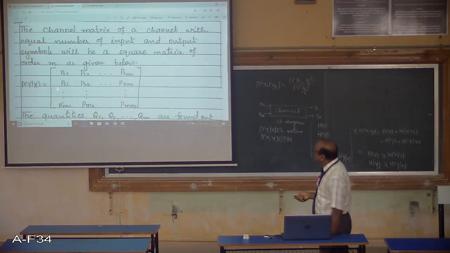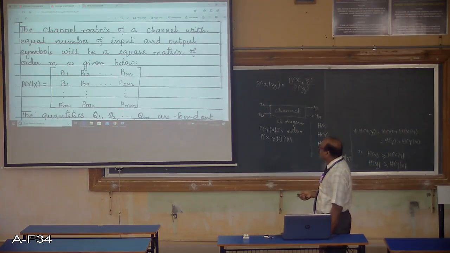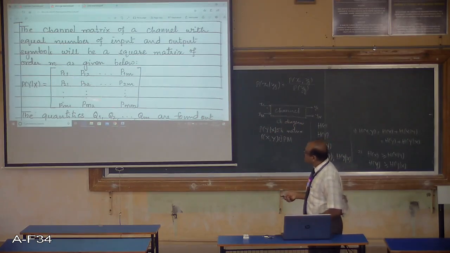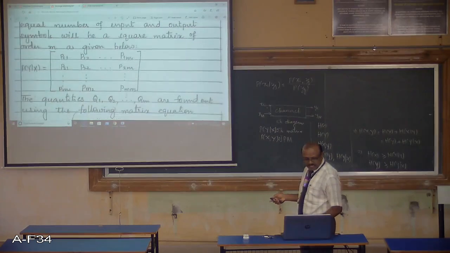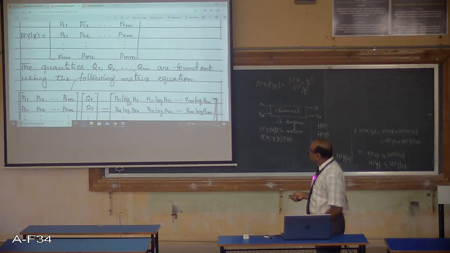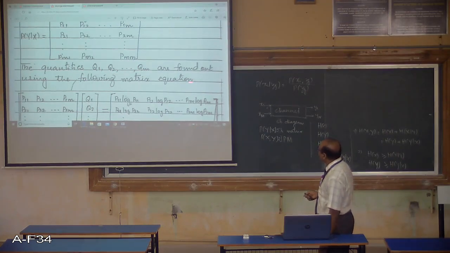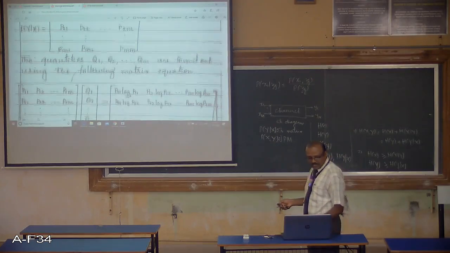So this is a channel matrix, P of y given x, or this matrix can be in the form of a diagram also. All these are transition probabilities. So given the channel in the form of either channel diagram or channel matrix, what we need to calculate is some parameters, some quantities q1, q2, q3 up to qm, which are found out using the following matrix relation, a simple matrix multiplication.